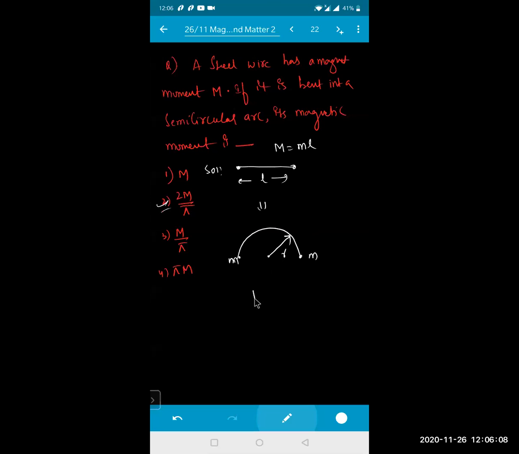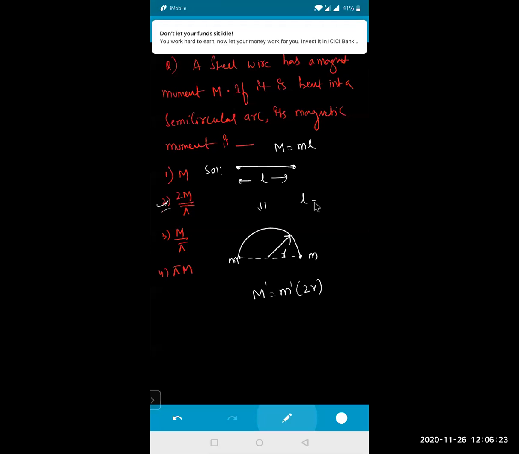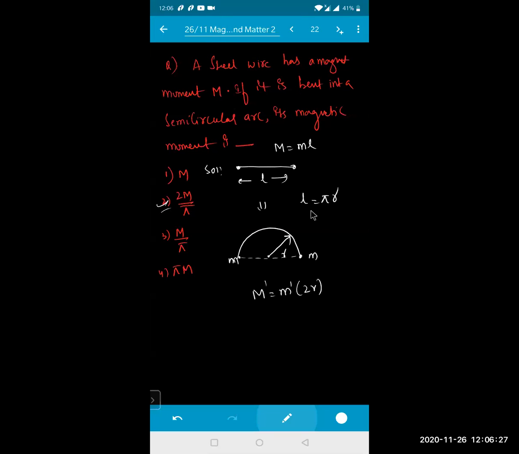What is its magnetic moment? M dash is equal to small m into the arc length, that is the distance between these two ends, which becomes 2R. Now this length is being changed into R. This length is bent into a semicircle, so L is equal to pi into R. That means R is equal to L by pi.